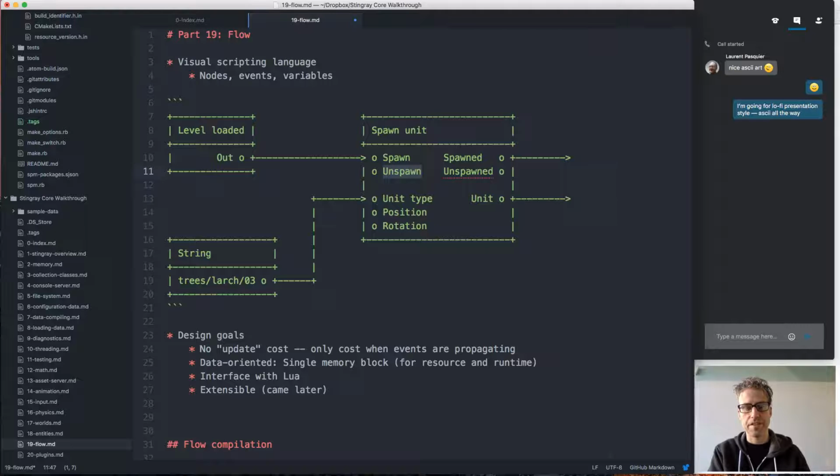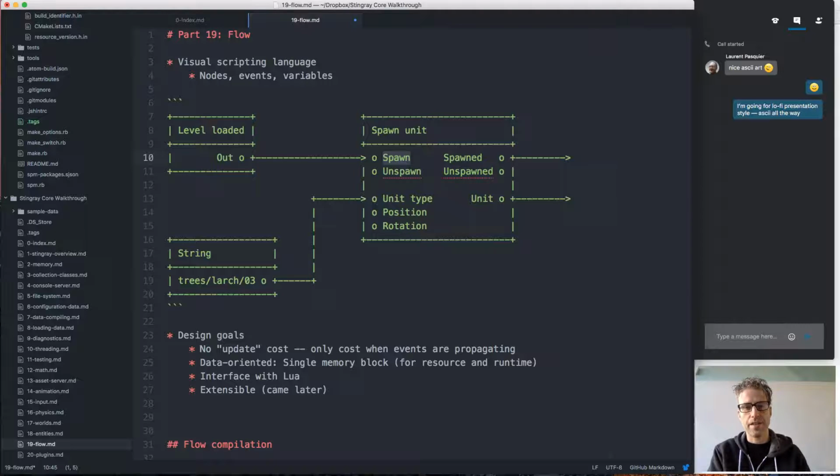The unspawn event here isn't connected to anything, so that one will never be triggered. So this unit will never be unspawned through Flow. But the spawn event is triggered by this out event here.